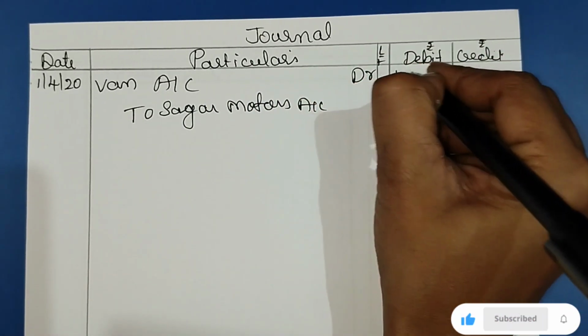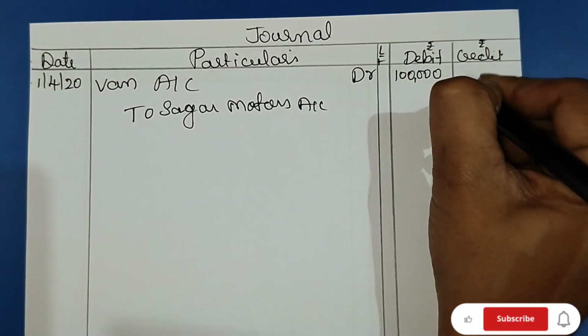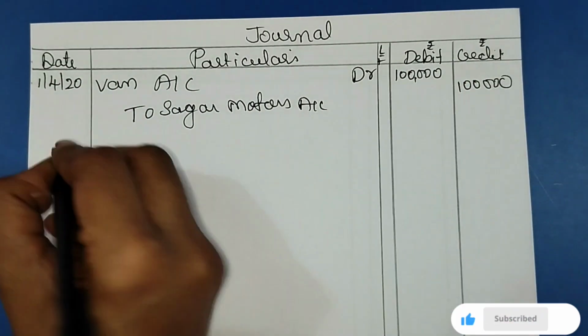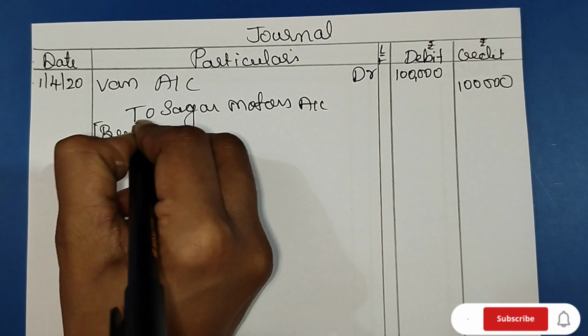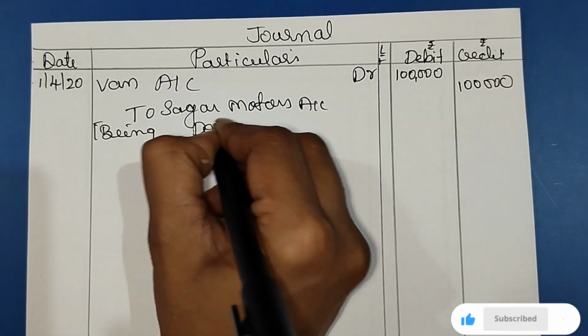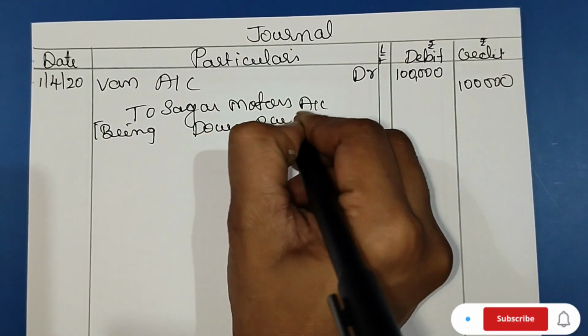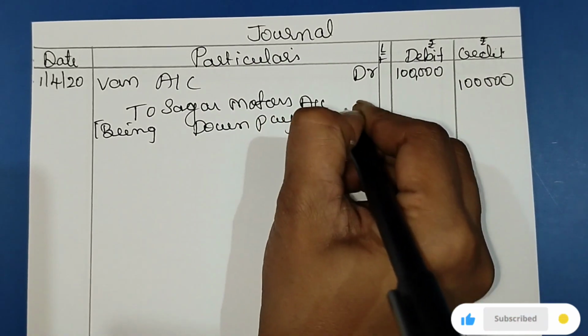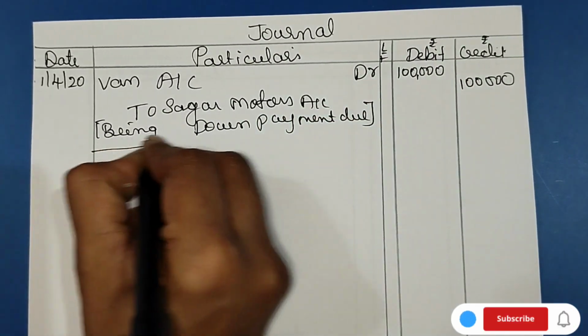The amount of down payment is 1 lakh. The narration is being down payment due.